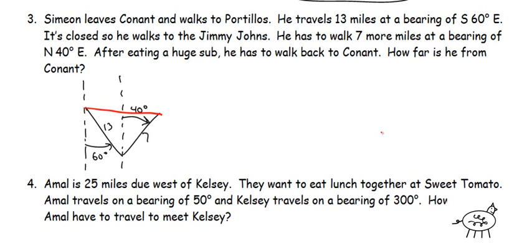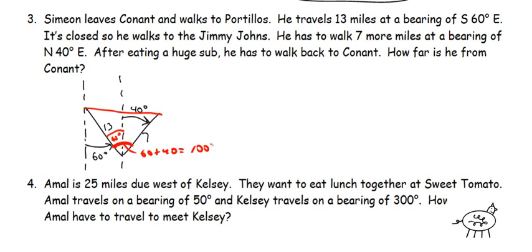So the main thing here, math fans, is we have to look for alternate interior angles. In fact, if you see this 60-degree angle, this is a 60-degree angle here too. You guys agree with that? Because it's alternate interior. And then this one's actually really easy, because isn't this whole angle then right here 60 plus 40?